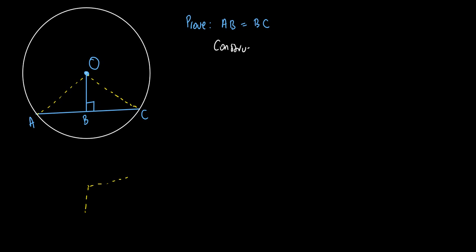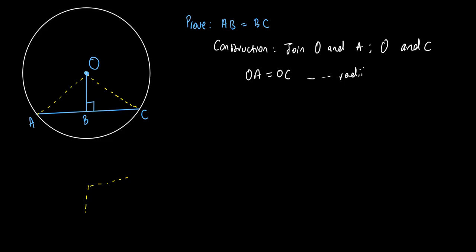You don't forget construction. Join O and A, and then join O and C. Then you tell them OA is equal to OC, radii.